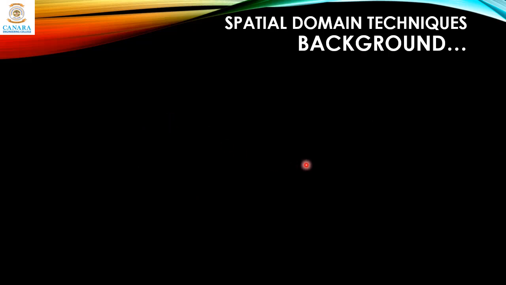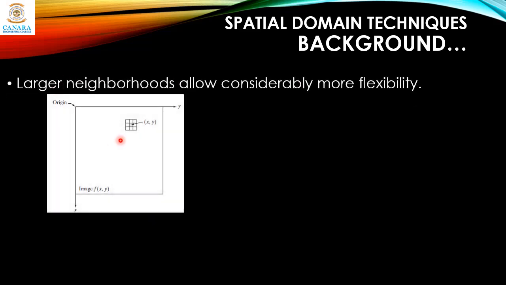Point processing has its limitations: you can just increase or decrease brightness based on a single pixel, and defined by some function given by the user. But if you go for a larger neighborhood like this, then you will get considerably more flexibility in how you deal with the enhancement.